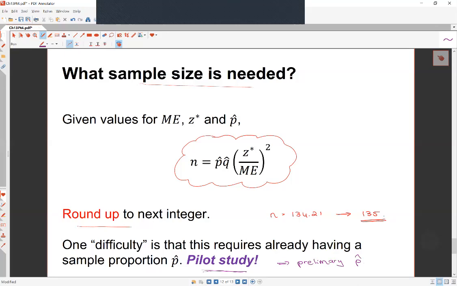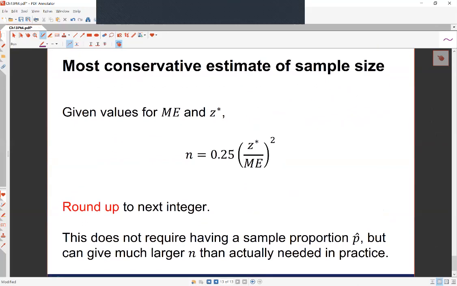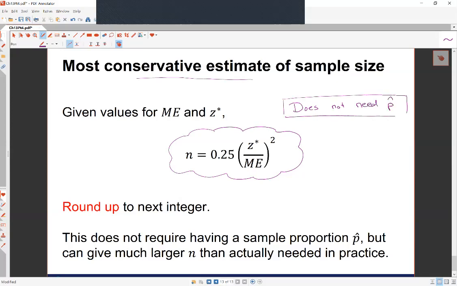There is one other workaround here. There's a quantity that's known as the most conservative estimate of sample size. Here the formula is 0.25 times the square of z star over the margin of error. So this calculation does not need you to have some initial value for p hat, which is great, and you implement it in the same way.